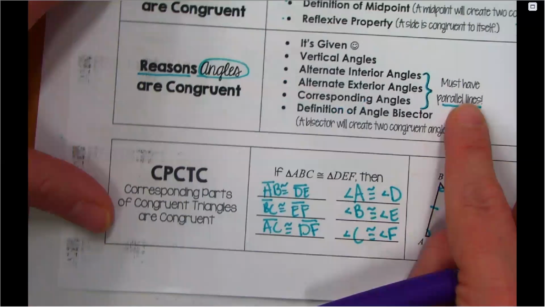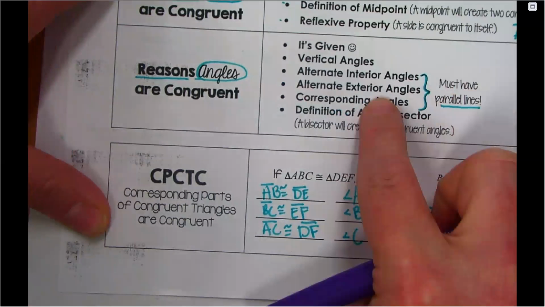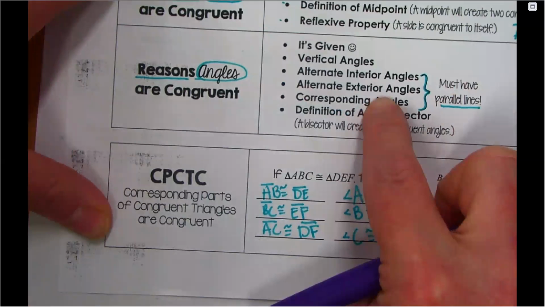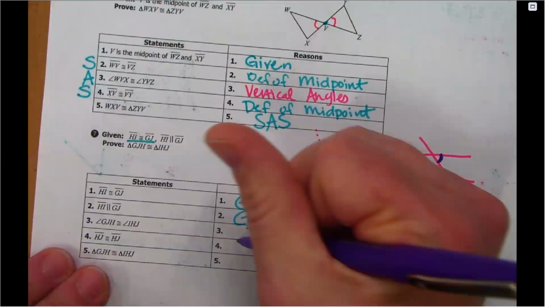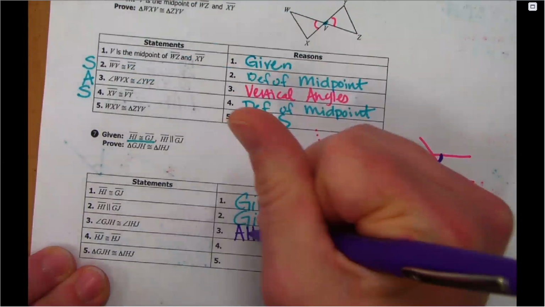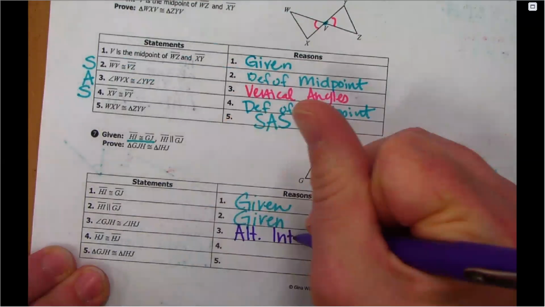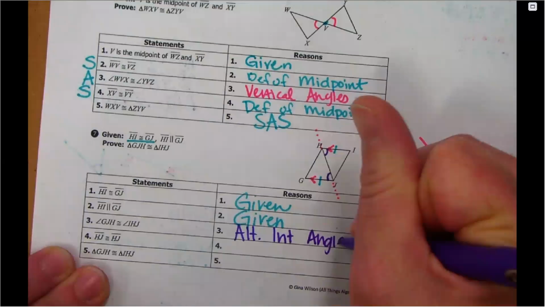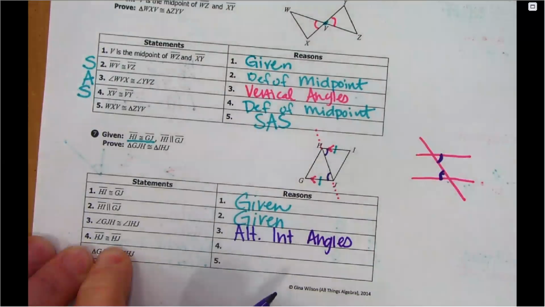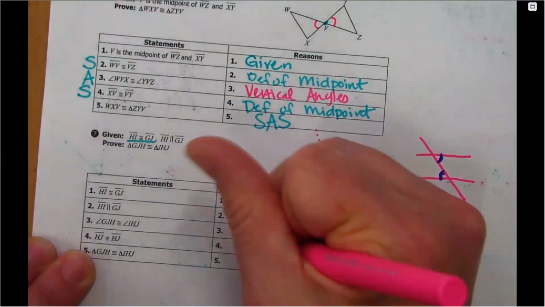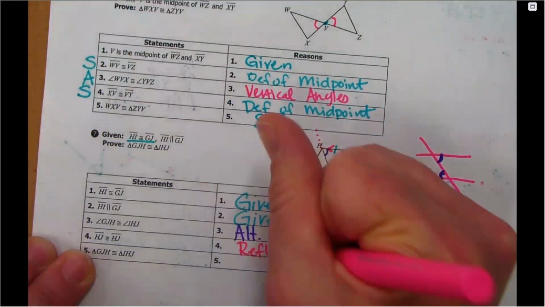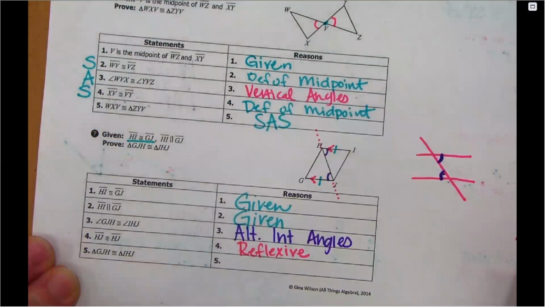It's either alternate interior, alternate exterior, or corresponding. So what's our case for this one? Alternate interior angles. Then it says HJ equals HJ. What's that? That's the reflexive. And triangle GJH is congruent to IHJ. How?